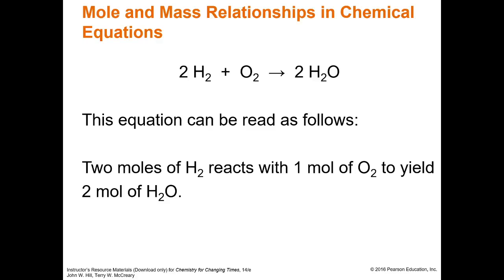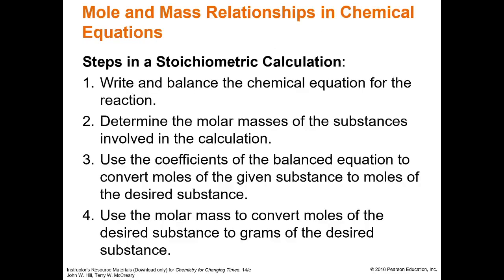So this equation can be read as follows. We have 2 moles of H2 molecules reacting with 1 mole of the O2 molecules to yield 2 moles of the H2O compound or molecules.